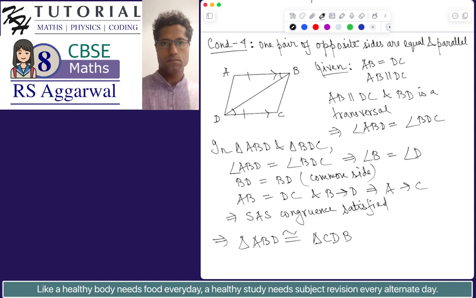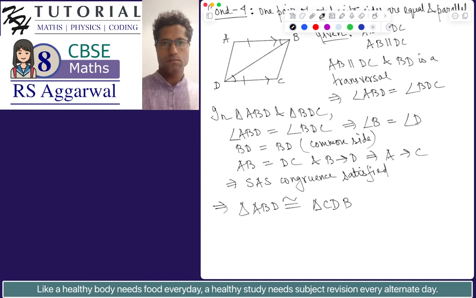I think this is correct. The triangle ABD is congruent with triangle CDB. Let me check. AB is equal to CD, BD is equal to BD, and DA is equal to BC. Okay, fine.